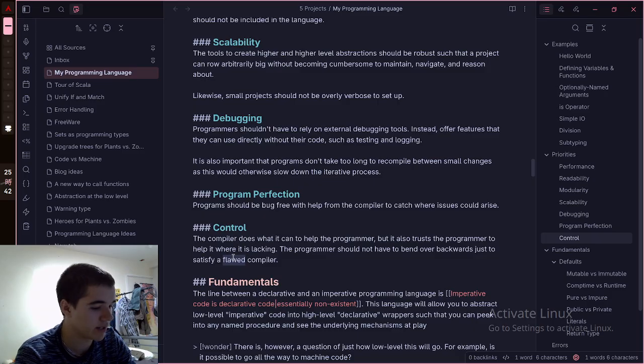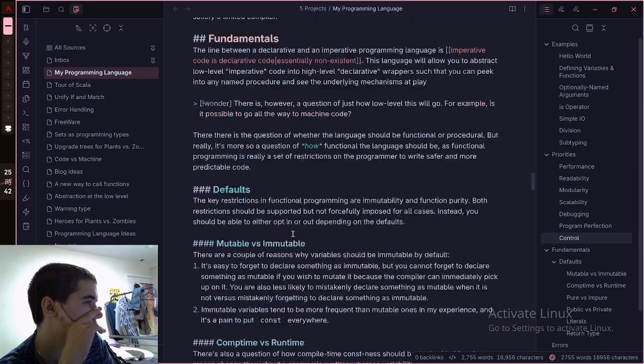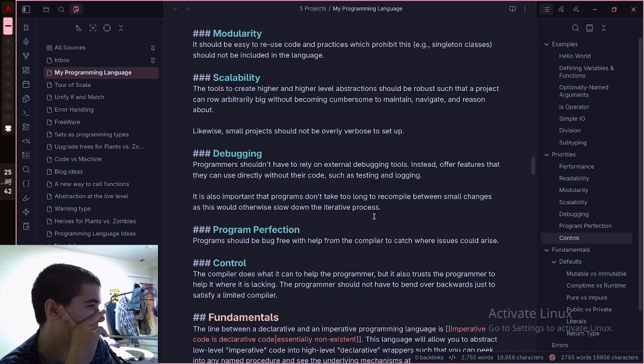A limited compiler. So that really is not giving me a name, by the way.